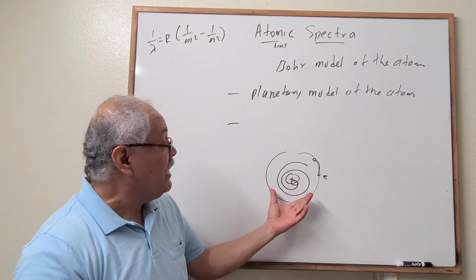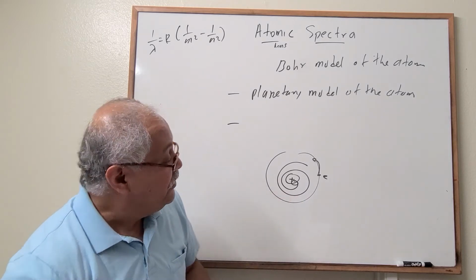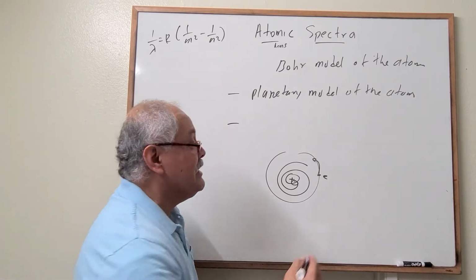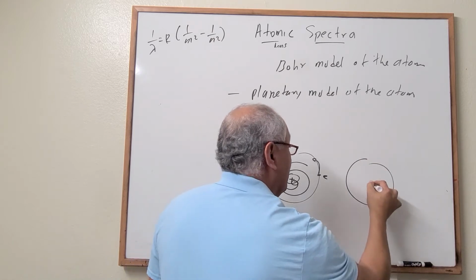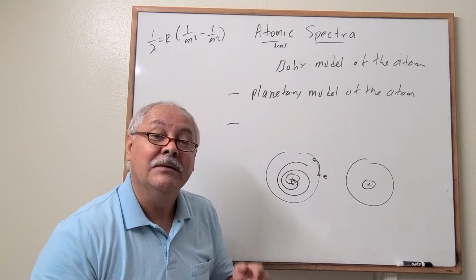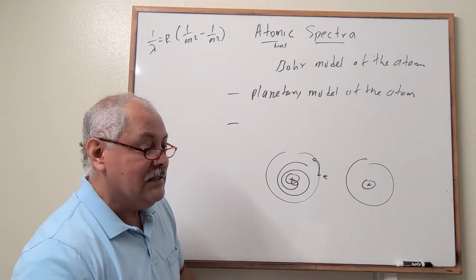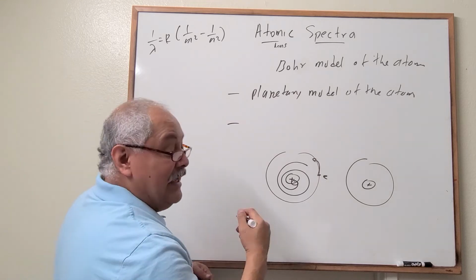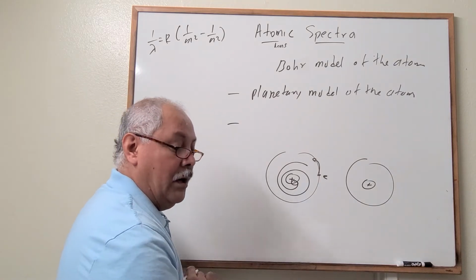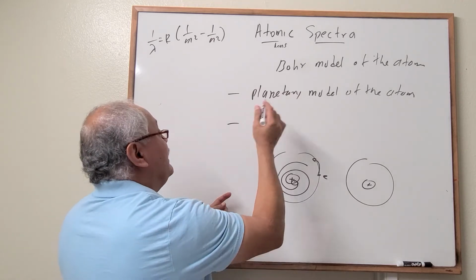Means what? We need to save this model. In this case, Bohr said, well, there are orbits allowed for the electrons where the electron is not radiating energy. That's the second statement for Bohr's model of the hydrogen atom.